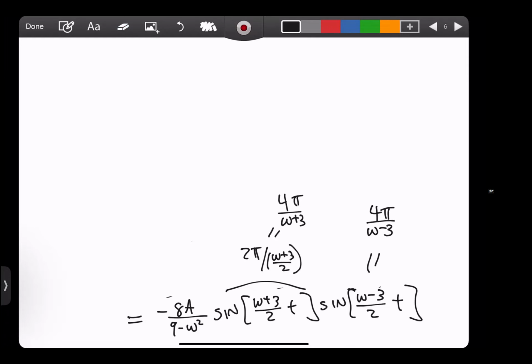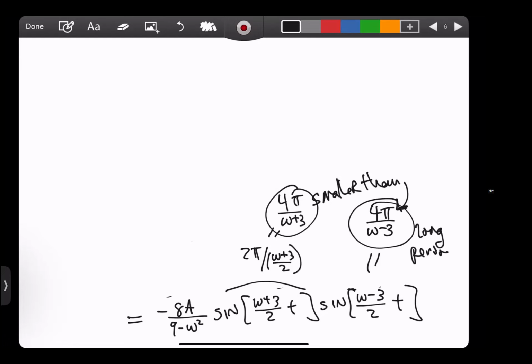Since omega is positive, the omega plus 3 is going to be the larger quantity, which makes this smaller than this one. And so that means this one is the long period out of the two.